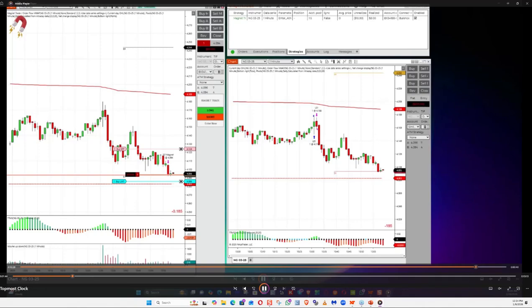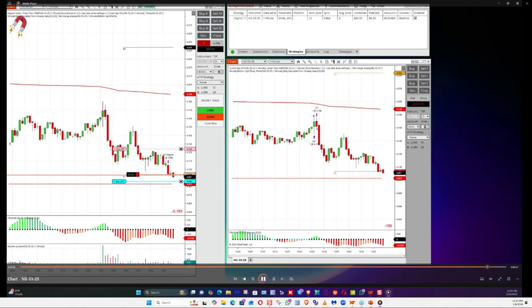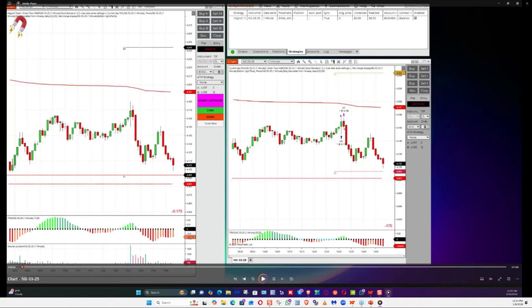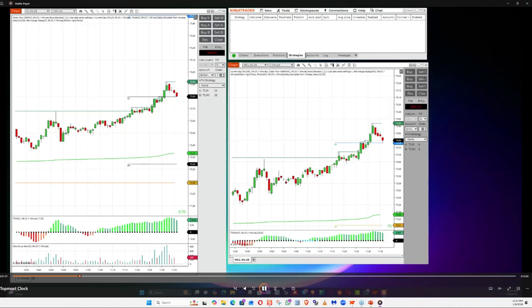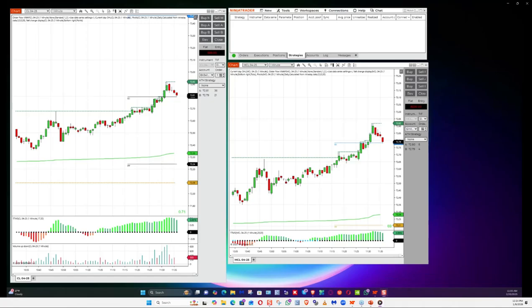We also have the ability to put a second target on. It could be anywhere you want. Normally, what you do at your second target is make it go through the magnet. For instance, if the magnet gets filled and you go 10 ticks past it, your first target might be at the magnet. Your next target will be 10 ticks later. So just like any trade, you can have multiple positions.